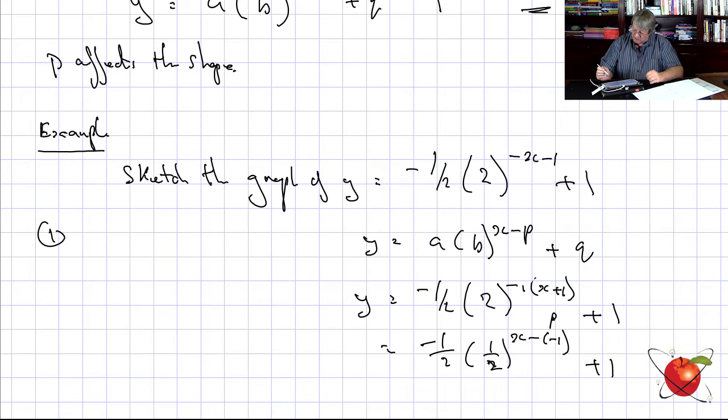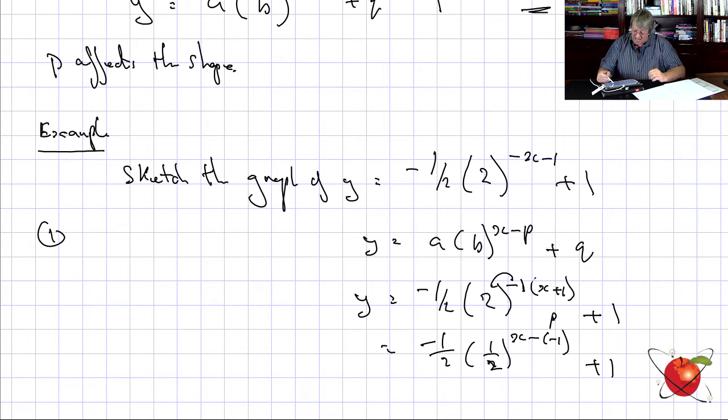Let's recap it. I need to get it into an x minus p format. Currently it's a minus x, so you take out a minus 1. That minus 1 is now going to go into the brackets, and that becomes 2 to the minus 1, which is 1 over 2, leaving us with the x plus 1.